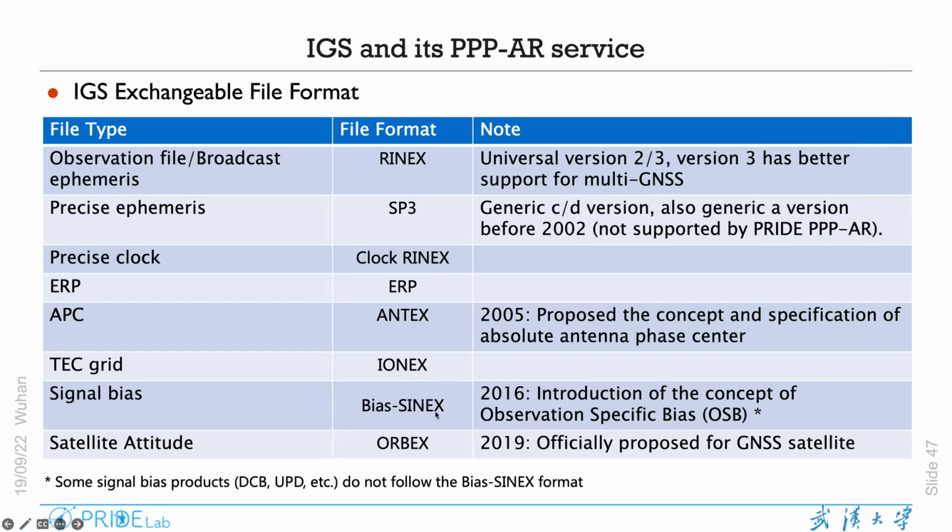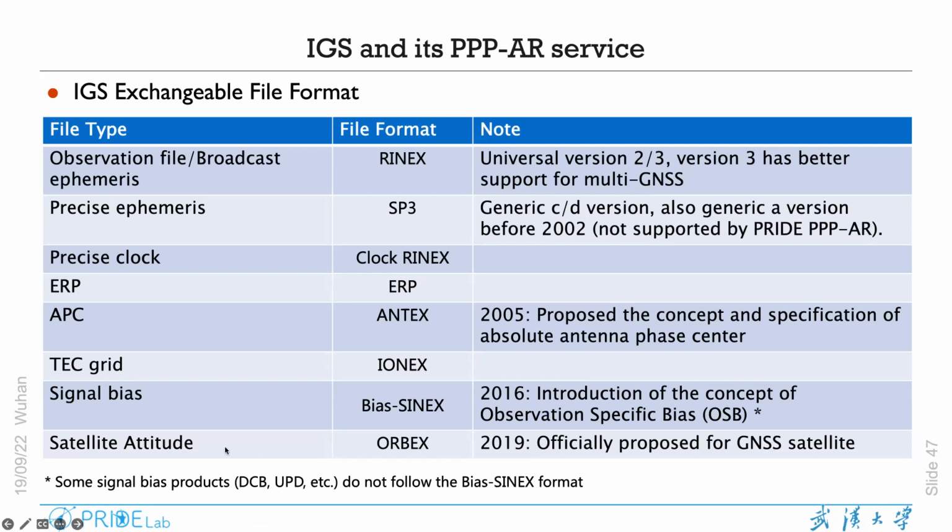And then we have the bias SINEX file, which contains the signal bias, including the code bias and phase bias. We call it the bias SINEX file product in our software, and this can be obtained from the IGS repository. And then we have the ORBEX file.